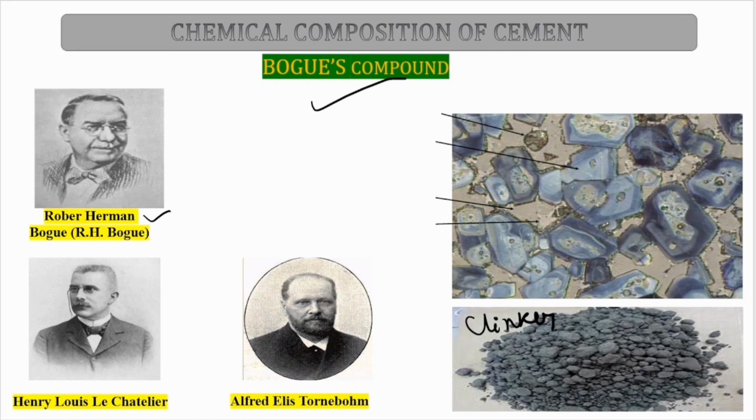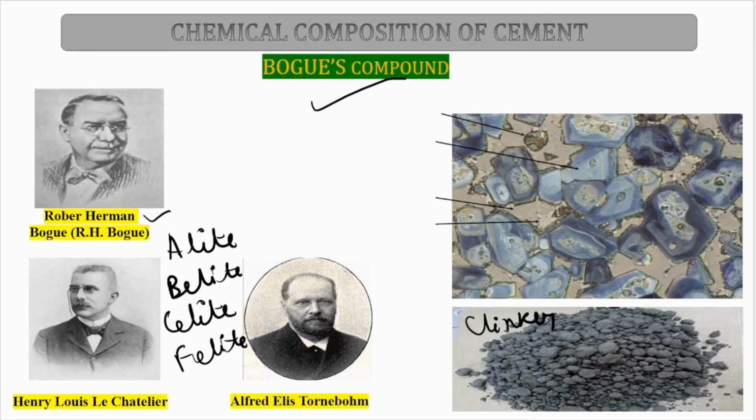Moving on, Le Chatelier identified 4 distinct crystal types by microscopic examination of thin cement clinker sections, and these crystal types were eventually termed alite, belite, celite and felite. And these were named by Alfred Ellis.